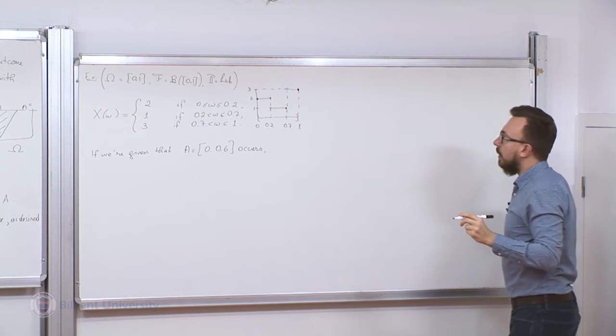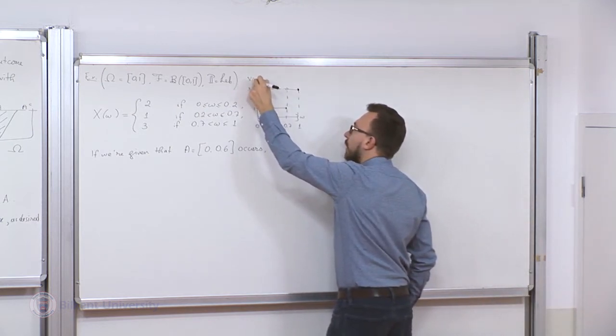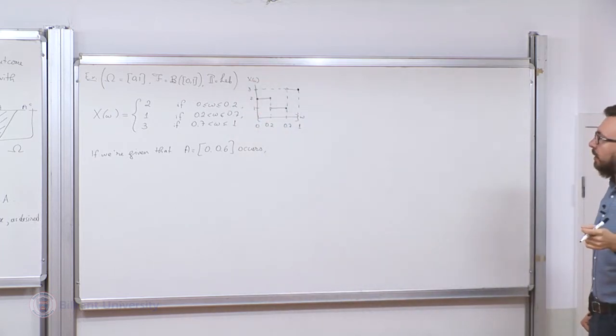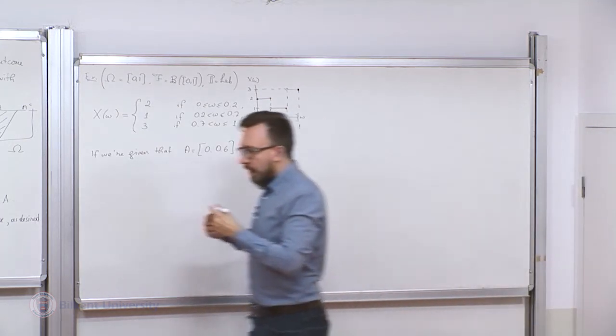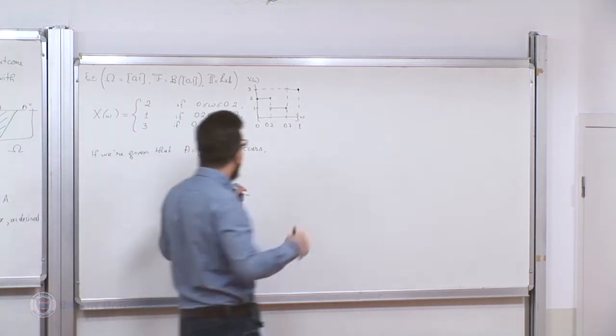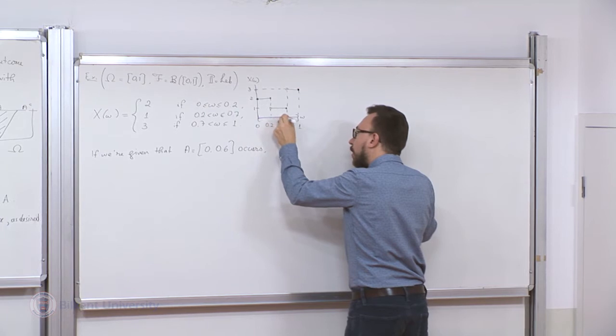Right? This is omega. This is x of omega. So the probability space is very concrete, not an abstract space, so we can draw a picture for the random variable as a function. Okay. So we know that event A occurs, meaning that we know that omega is between 0 and 0.6. So this is our set A.